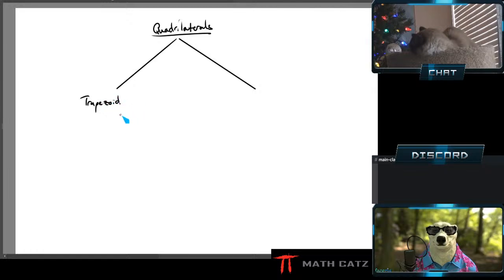So we're going to make it a little bit more specific by saying, let's not allow anything, but let's require that two opposite sides should be parallel. Now, I know we have not defined the concept of being parallel, but we'll have to wait for that.